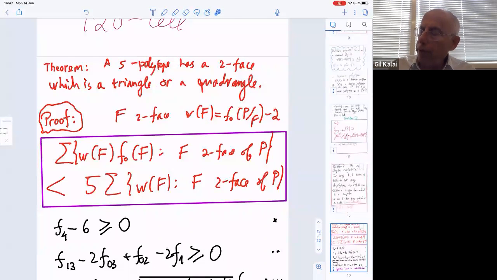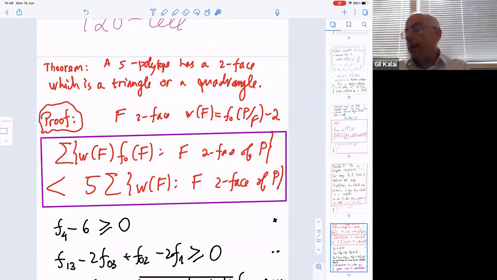For every 2-dimensional face, we add a weight, which is the number of vertices of the quotient of the whole polytope with this face, minus 2. So this is a positive integer. And the theorem says that if we sum up this weight over all 2-dimensional faces and multiply it by the number of vertices, this is smaller than 5, the sum of these weights over all 2-dimensional faces.